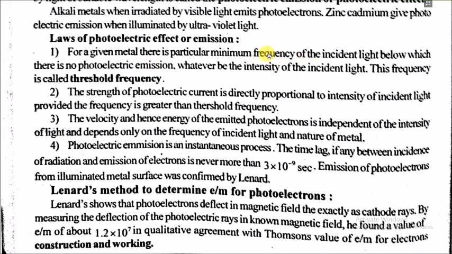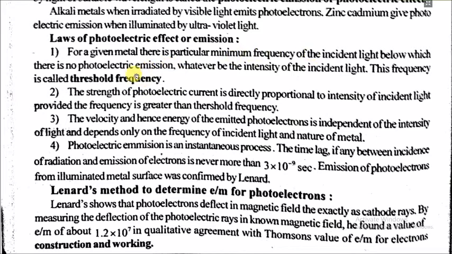If the frequency is less than that, there is no photoelectric emission, and such a particular minimum frequency is called the threshold frequency. Every metal surface has its own threshold frequency.